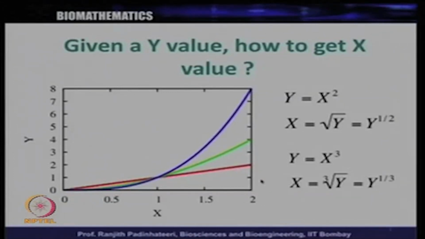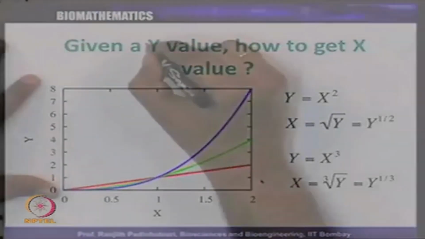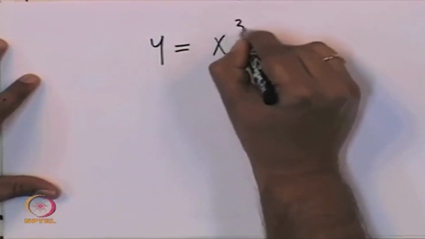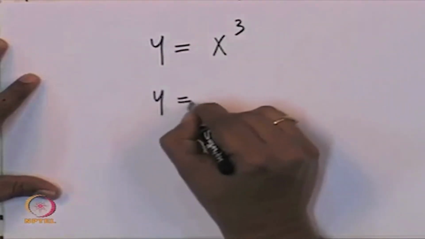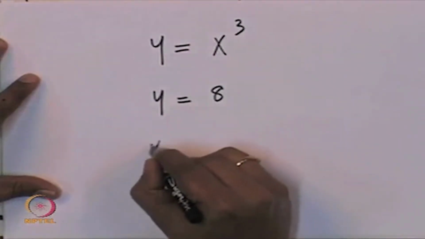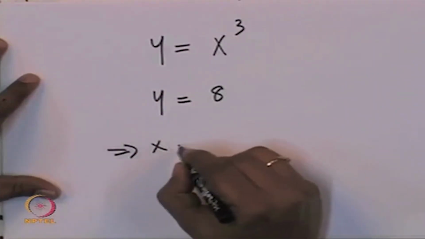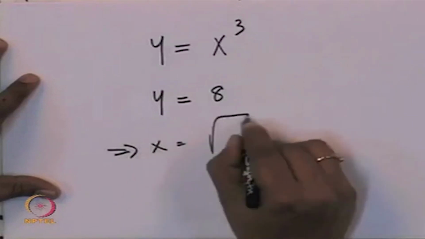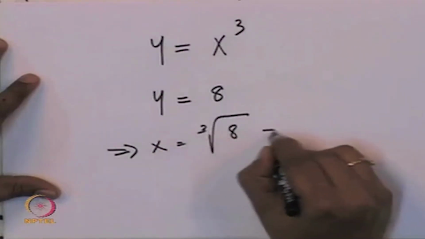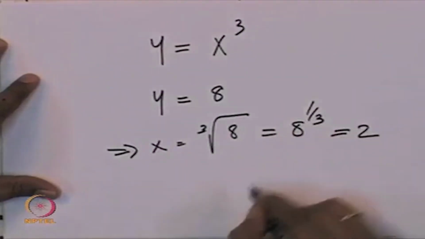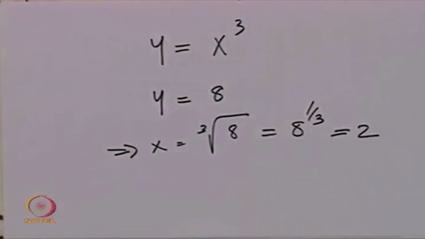So, if y is equal to x cube and y is equal to 8, then to calculate x we have to find the cube root of 8, which is 8 power 1 by 3, which is 2. This is how we calculate the x value given a y value.